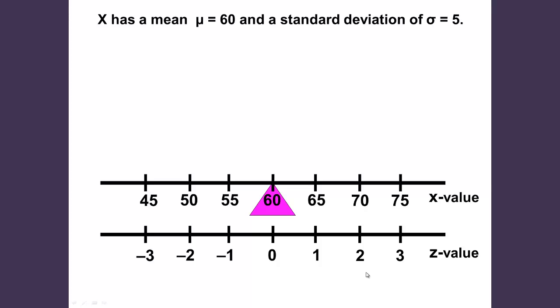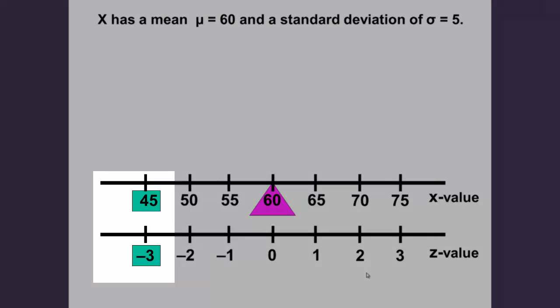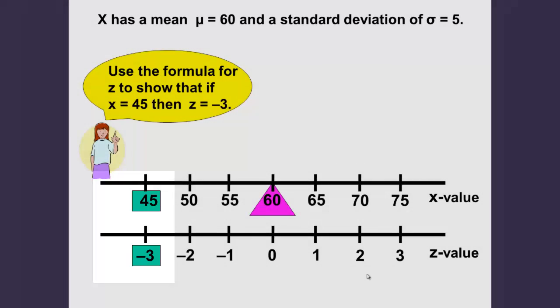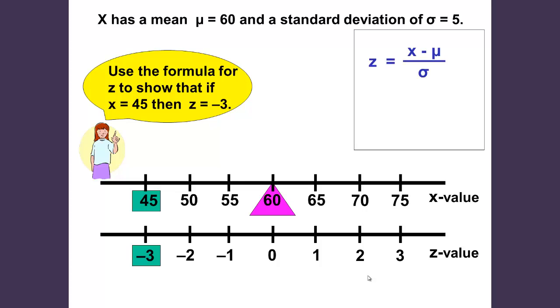Next, we will use the formula to review that the x value of 45 gives us the corresponding z-score of -3. Use the formula for z to show that if x equals 45, then z equals -3. Z equals x minus the mean divided by the standard deviation.